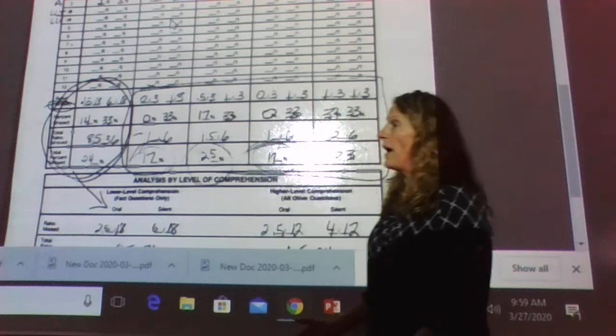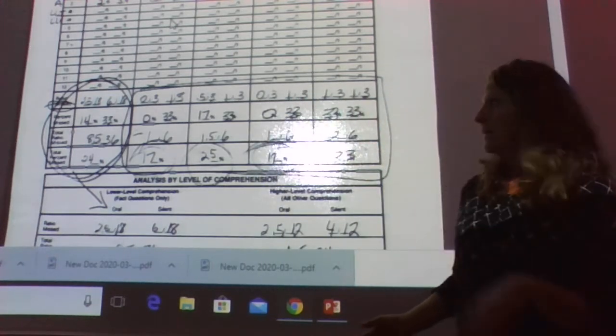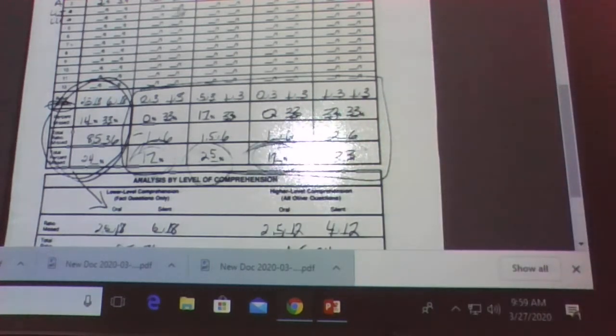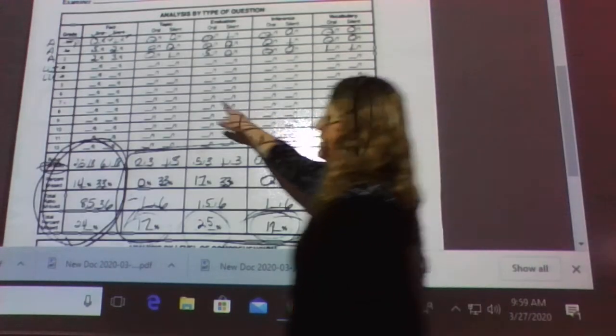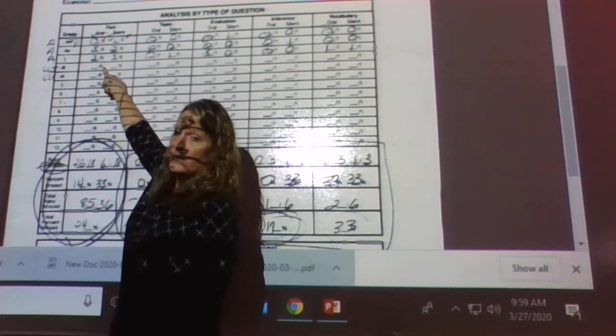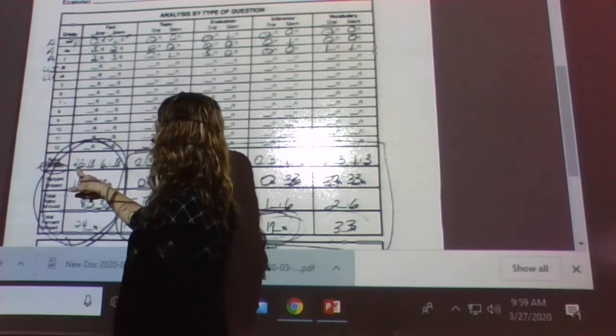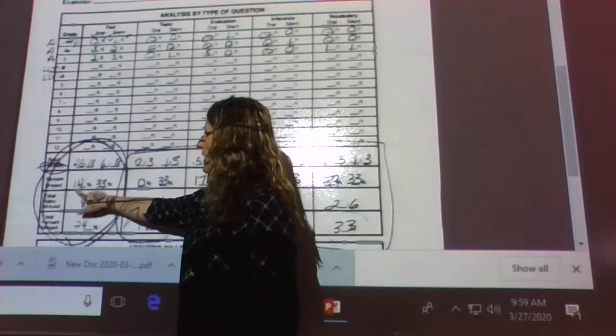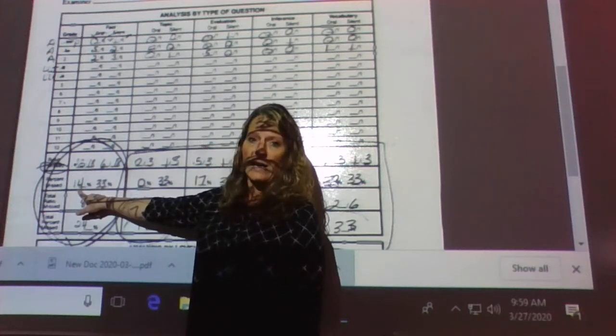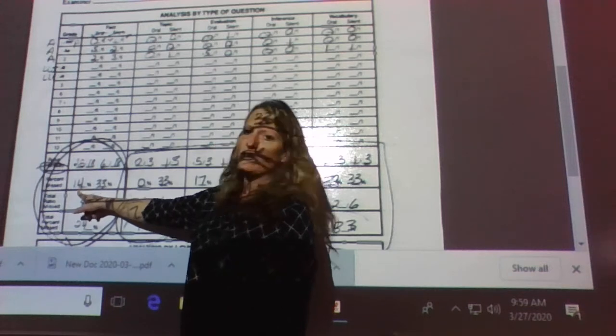How many total factual questions were there? There were 18, as you can see, 6 plus 6 plus 6. So I have 2.5 missed questions out of 18. And if I divide that, that tells me 14% of the factual questions were missed.